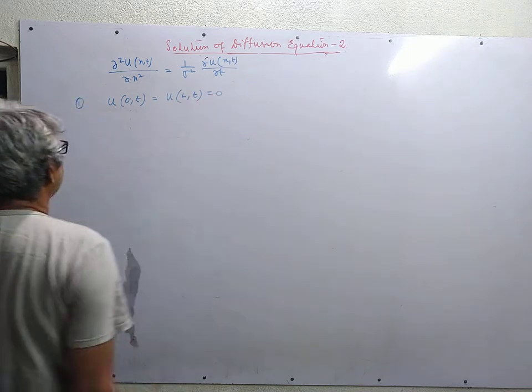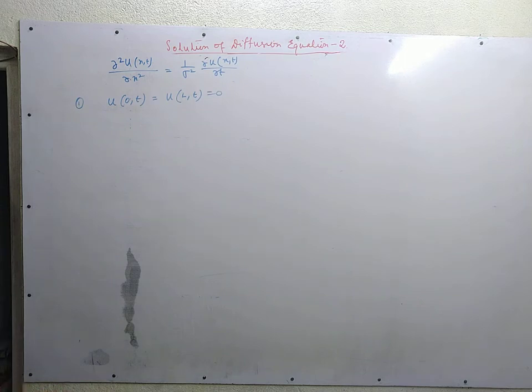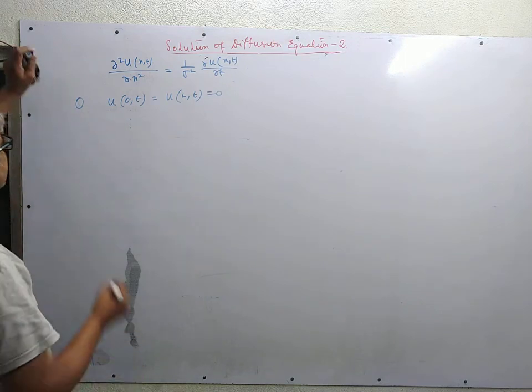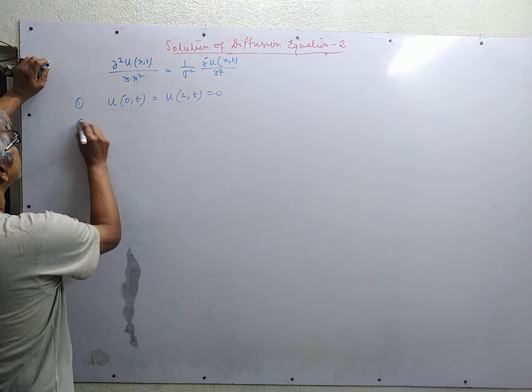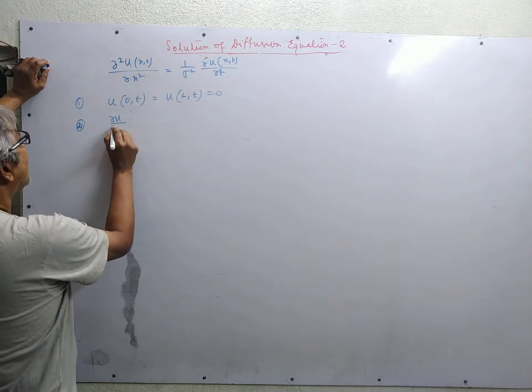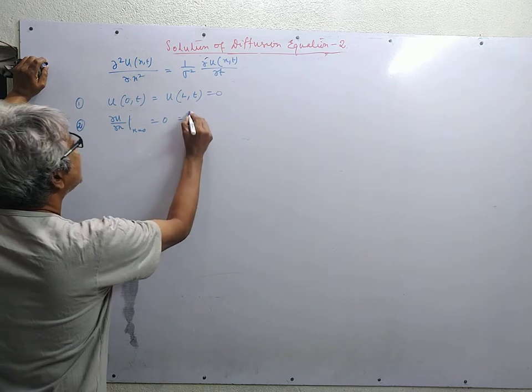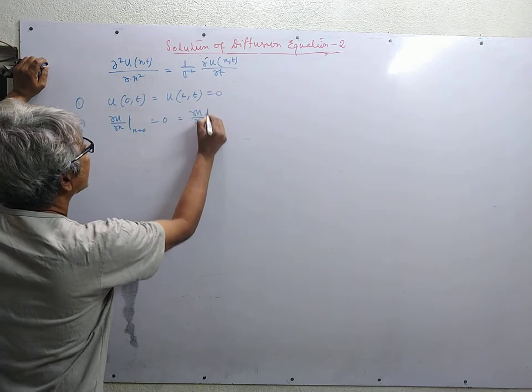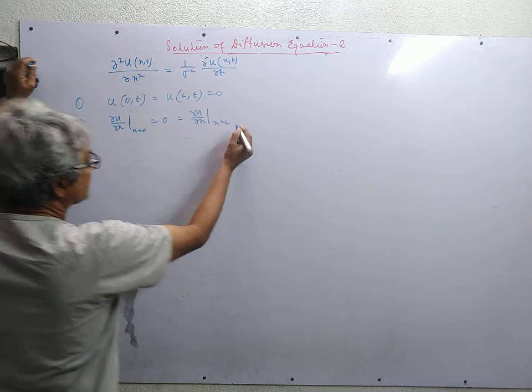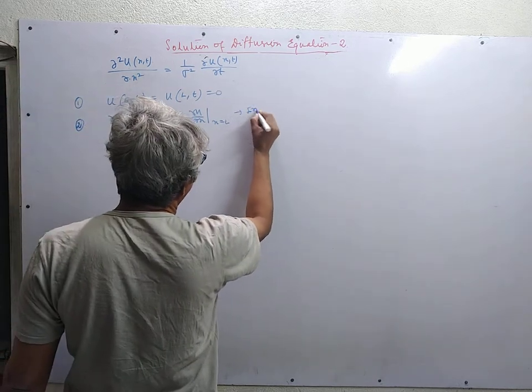This is one type of boundary condition. We say that both the ends are at the same temperature. Then the second boundary condition was del u del x at x equal to 0 is equal to del u del x at x equal to L. This we call insulated ends.